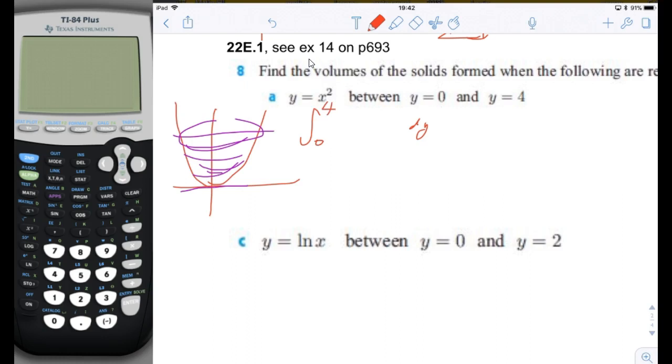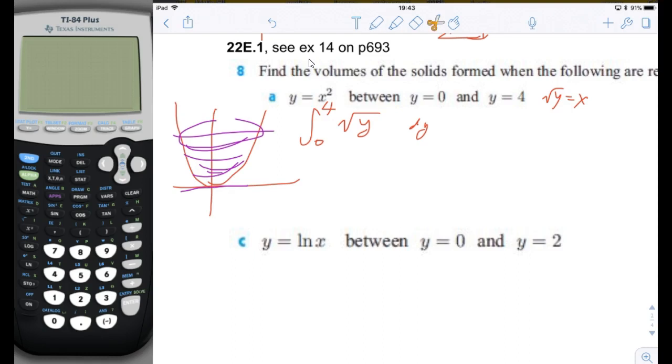And my function, I can't put y equals x squared in there because I need to have it in terms of y from the point of view of x. So instead of y equals x squared, I'm going to take the square root of both sides. I'm going to have square root of y equals x, and square root of y is what I'm going to put in here. Now I'm almost ready.